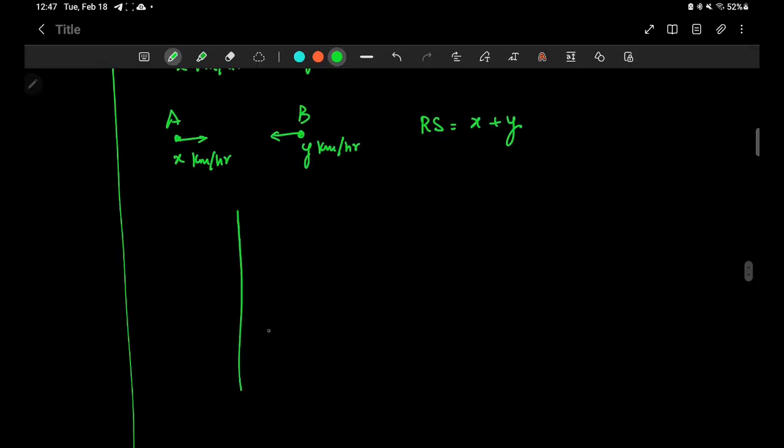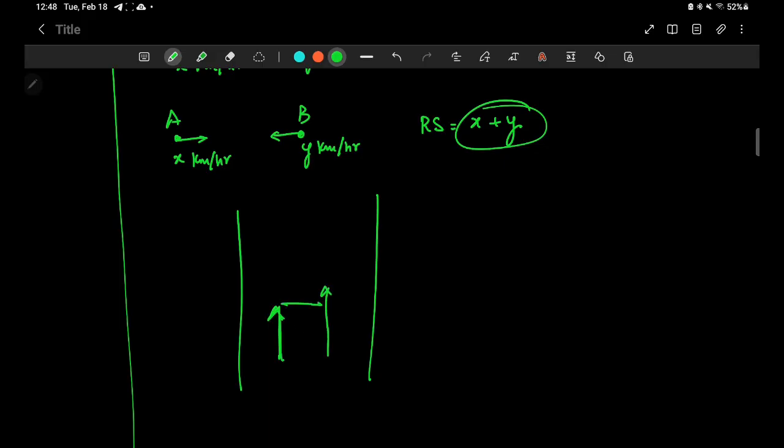Why like this? Let's take an example. Let's say this is the road. You're driving a car and from the opposite direction another car is coming. When you see this car, you will feel that it's moving very fast because it's coming in the opposite direction. So that is represented here, x plus 5. Now let's say you're moving in this direction and there is another car moving in this direction.